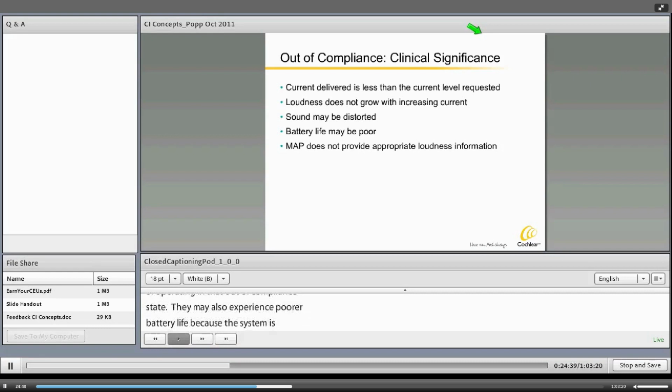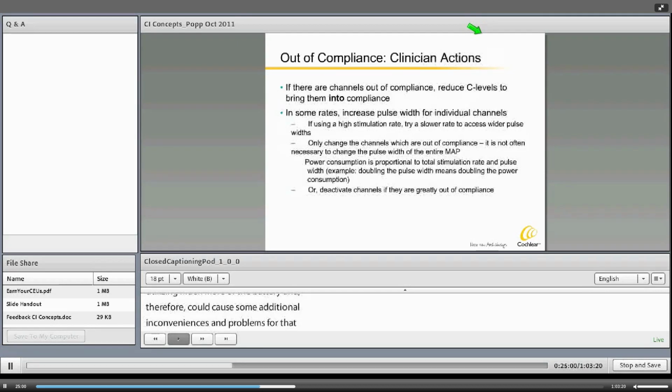They may also experience poorer battery life because the system is trying so hard to keep up with those electrodes that are out of compliance. It's expending a lot more energy and utilizing much more of the battery, and therefore could cause some additional inconveniences and problems for that recipient as well.